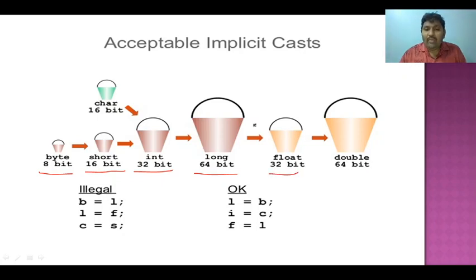But here you may get some confusion. You told us that for automatic type conversion the destination is always larger. Here our destination is 32 bit and the source is 64 bit. But the difference here is that float follows a different kind of representation. That's why the range of float is larger than the long.